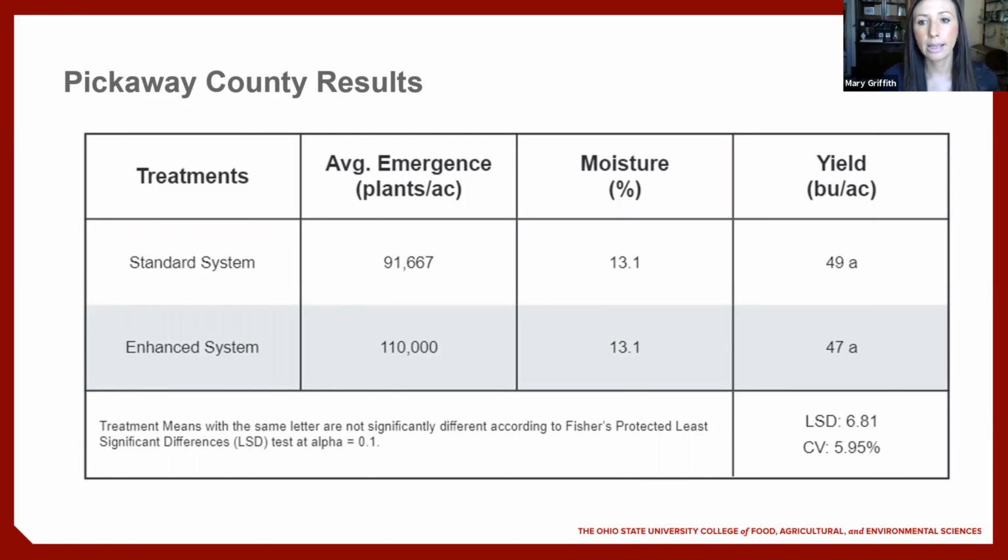On top of that, the fungicide and insecticide probably didn't add a lot of benefit to our enhanced system, since we really didn't see very much disease or insect pressure at this site this year. So looking at these results, you'll see that the standard system actually out-yielded the enhanced system in this trial, but there was no statistical difference in the results.